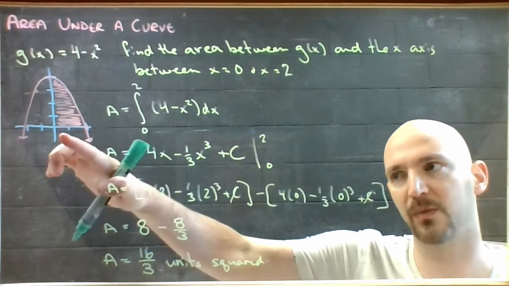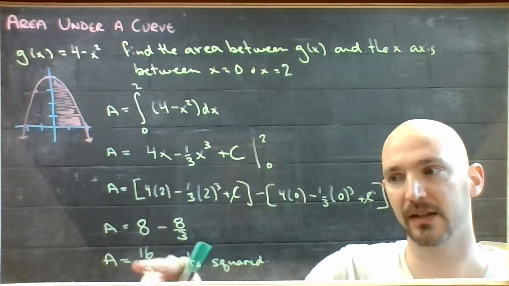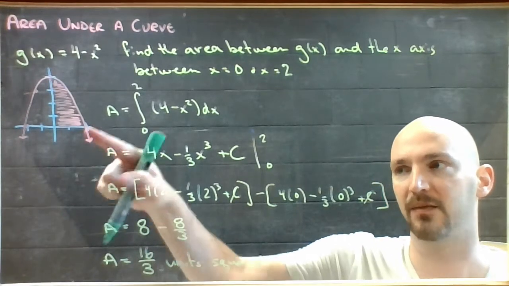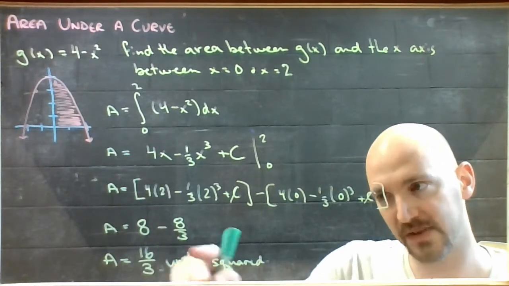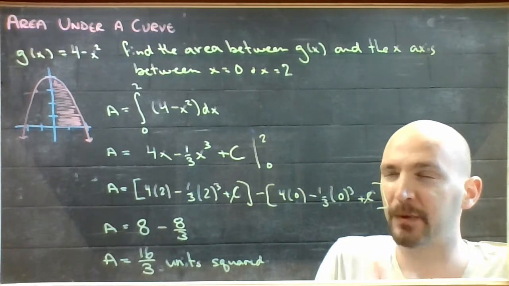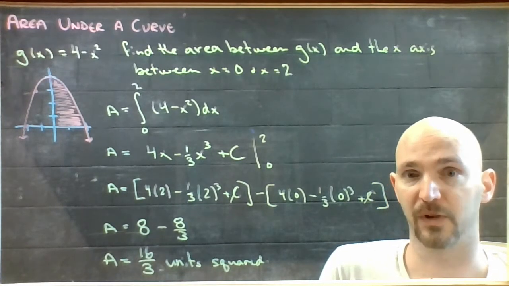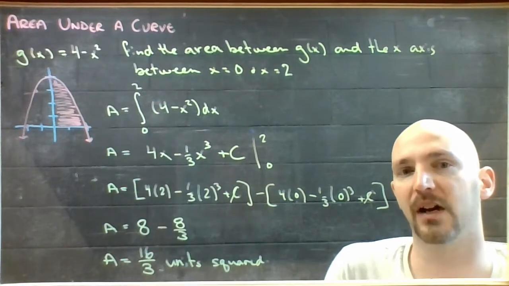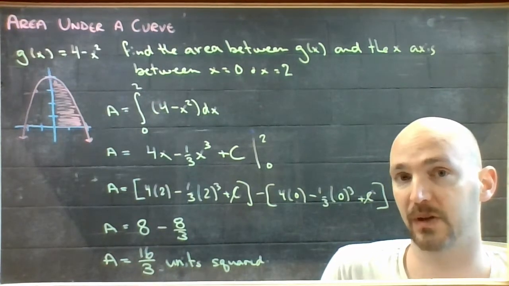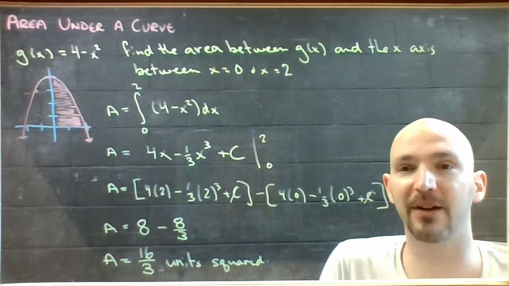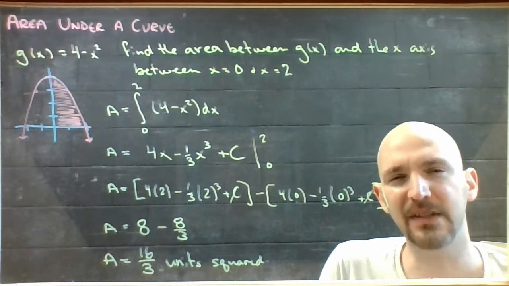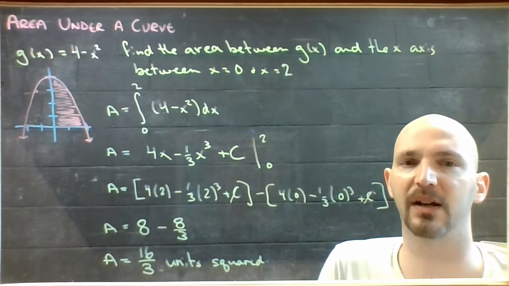So if these x's were counted in meters, then this would be meters squared. If this was calculated in feet, then this would be feet squared. So this is a problem you've never been able to answer before. You couldn't find the area of a curved shape, or the area of any shape actually, unless you could chop it up into rectangles, triangles, and circles.